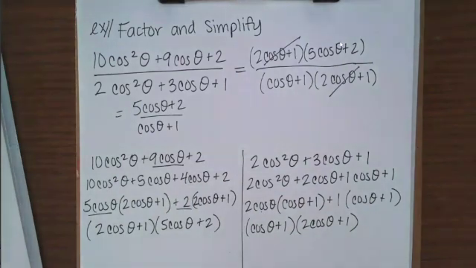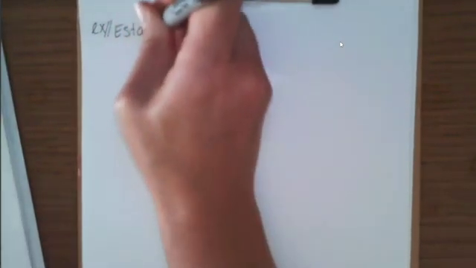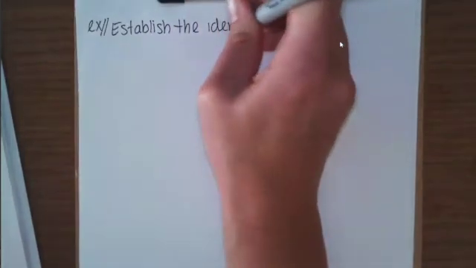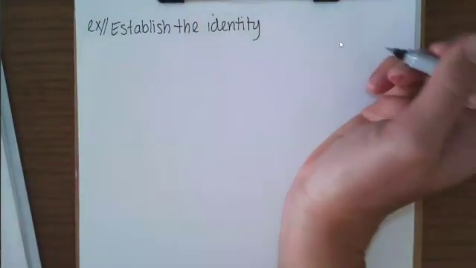The next thing we're going to do is work on some proofs. So let me show you what's being asked, and then we'll talk about methods of solving. So first one here, we're asked to establish the identity. So this is the wording you might see on your homework, establish the identity. Now, what does this actually mean?